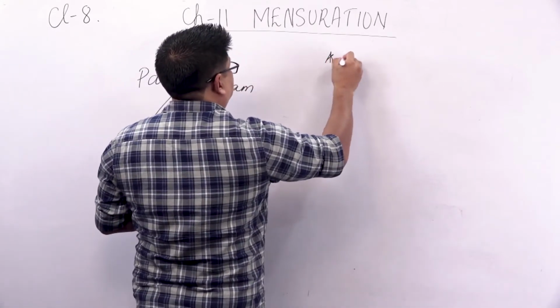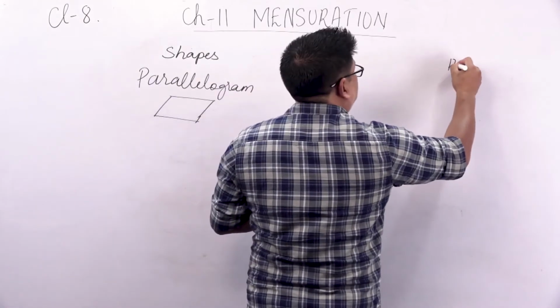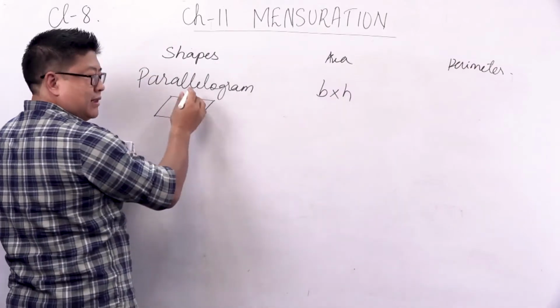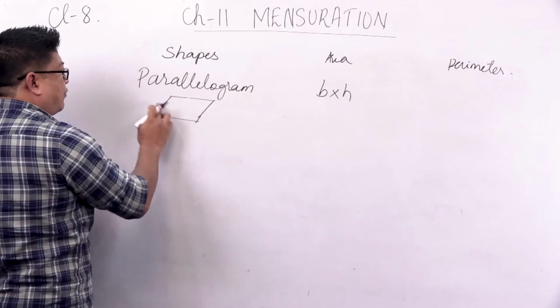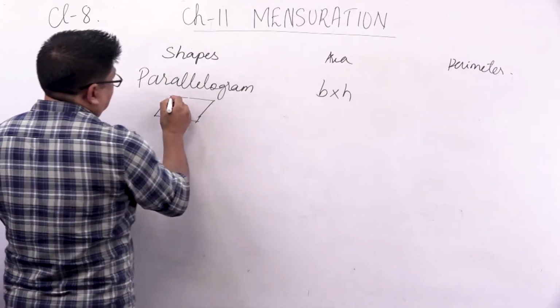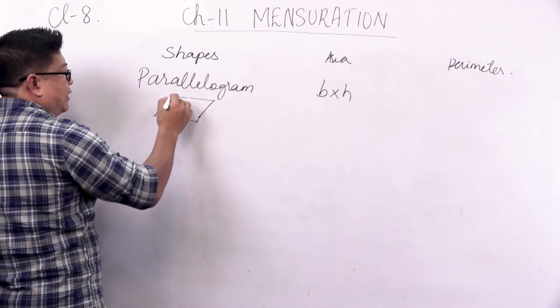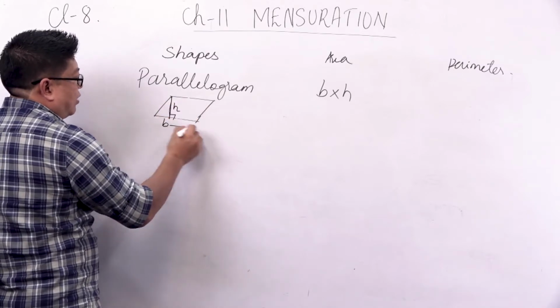And the formula for area was base into height, and for perimeter is simply add all the sides. Okay, I will not be writing it, just add all the sides, 1 2 3 4. You add all the sides, you get the perimeter. All right, and for area we make a perpendicular. This perpendicular line formed is your height, and this is your base.